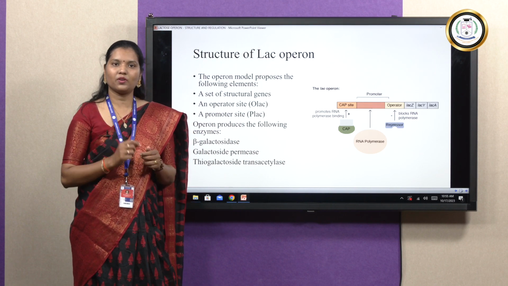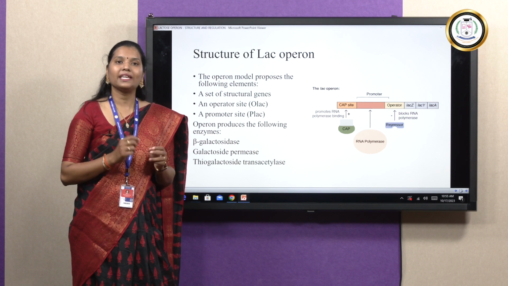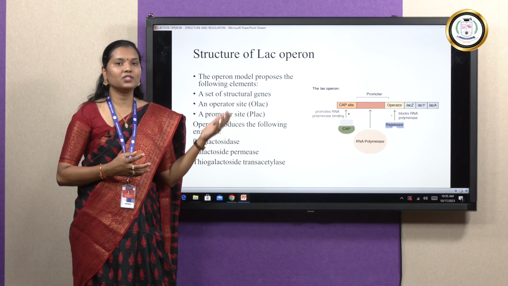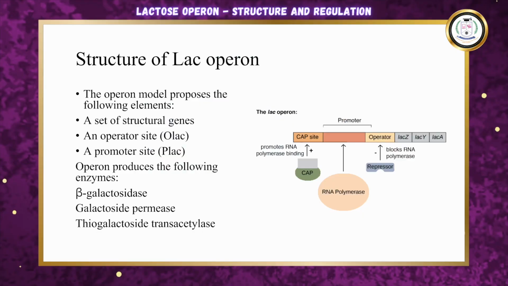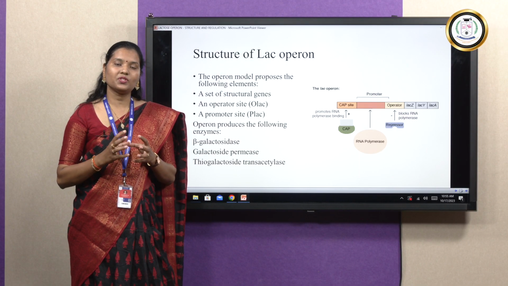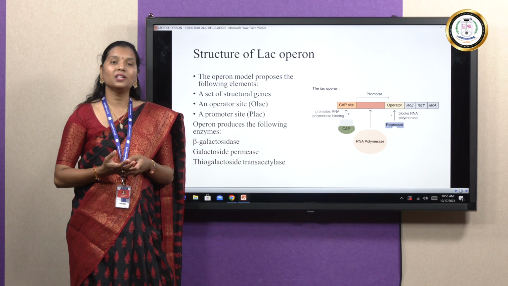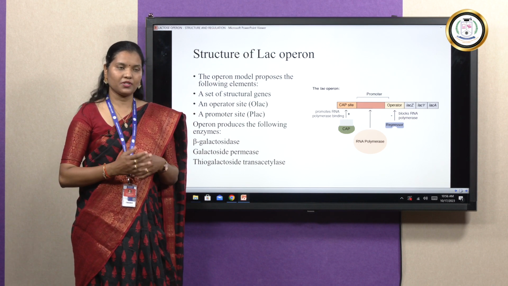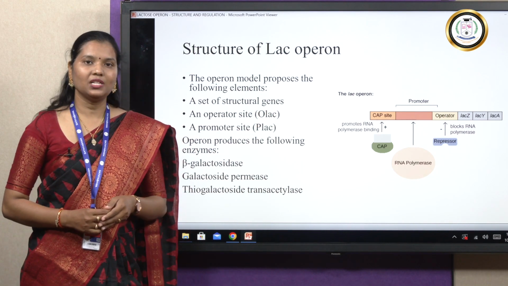This CAP-cAMP complex, called CRP, the cAMP receptor protein, is the activator of the Lac operon and binds to the promoter region. We also have an operator region called OLAC, which is recognized by the repressor protein, and the repressor binds to it to stop the transcription of those three structural genes.